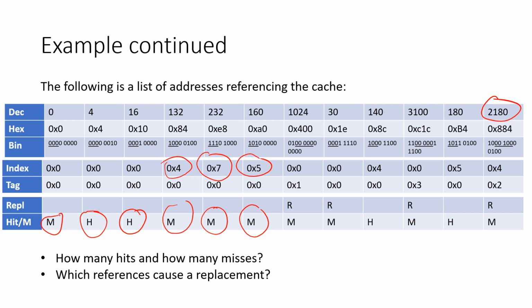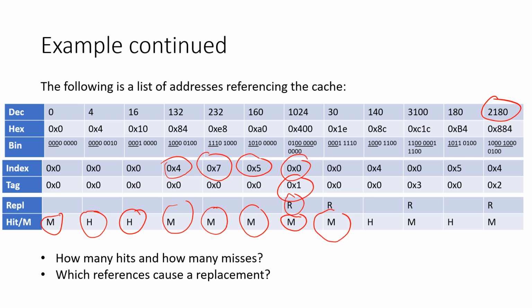Address 1024 will miss. It has the same index as 0, 4, and 16, the first 3 references, but a different tag. So it will replace the already existing block with tag 0. Address 30 is also in line 0 and will thus replace 1024 and miss.